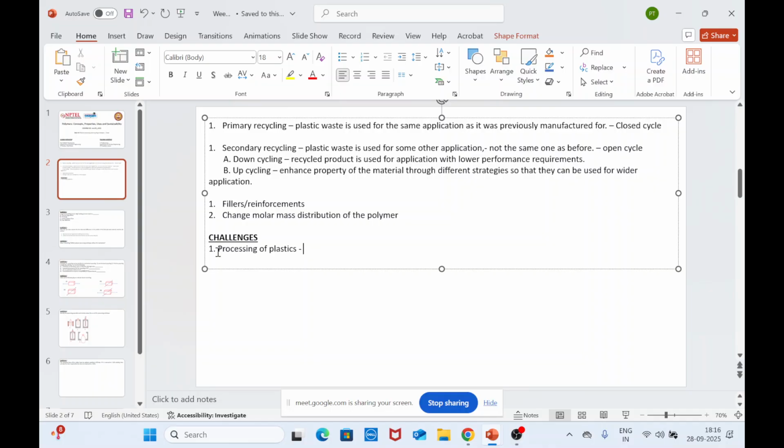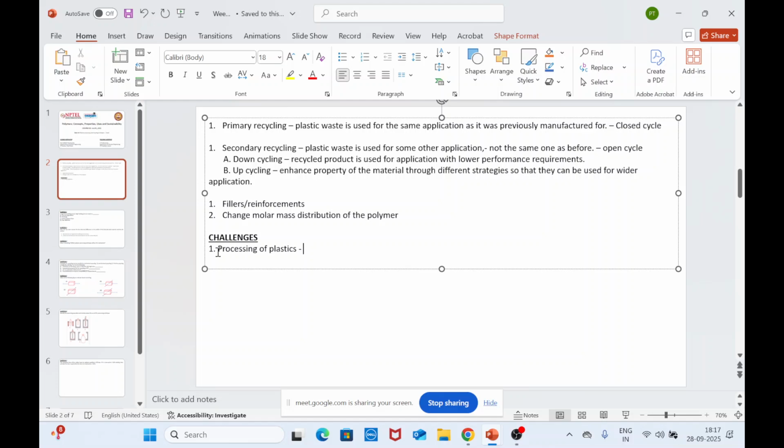Some of them will melt at very low temperatures, some will remain stable even at high temperatures. Because of this, there can be processing difficulties. Heterogeneity will be created in the mixture, which makes the processing of the plastic waste a challenge.